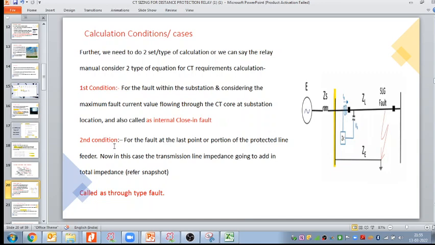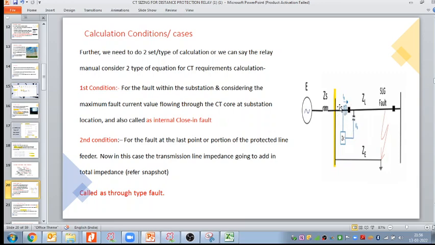Second condition in the formula is for the fault at the last point, or the last portion, of the protected conductor, that we can see here. This is my sending end, this is my substation. Here we have CT, here we have the breaker.